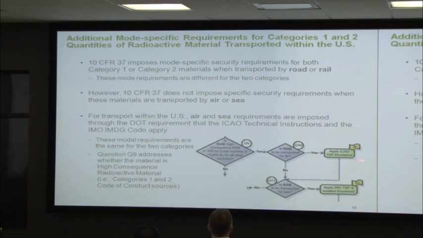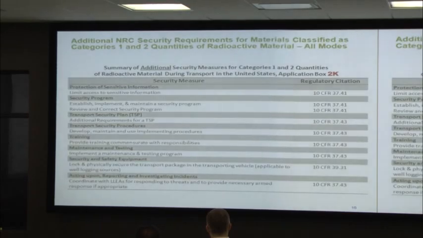If it is, you apply the ICAO technical requirements, and those are in 2I. If it's not, and you answer the question, it's going to be transported by sea, you'll fall over to here and apply the requirements that are summarized in 2J. If it satisfies this requirement, but it's going to be transported by road or rail, you fall back out of this and back into the NRC set of requirements. And that's why that chain of questions is included in the decision chart.